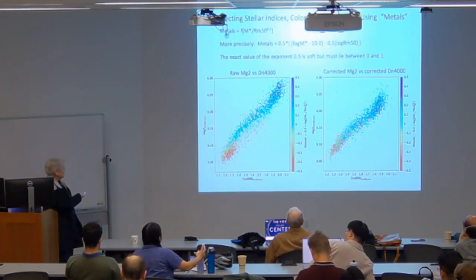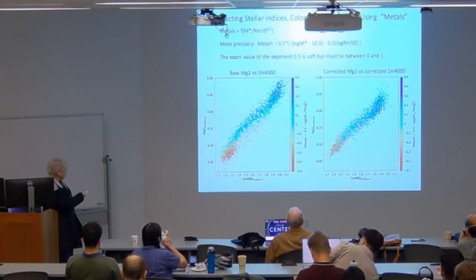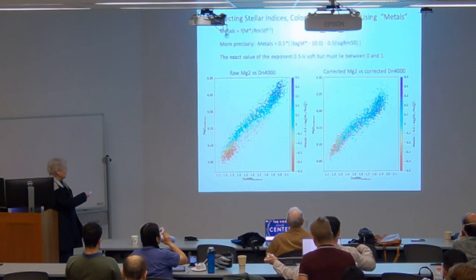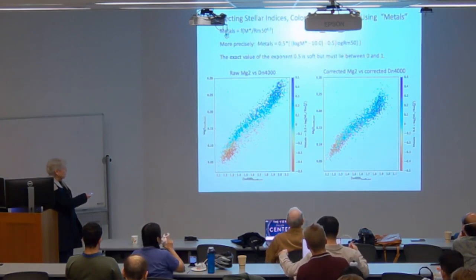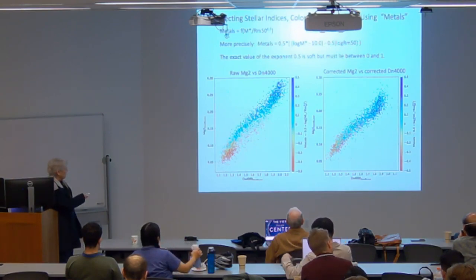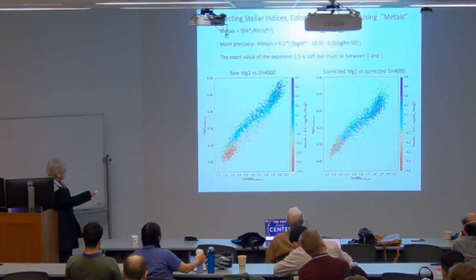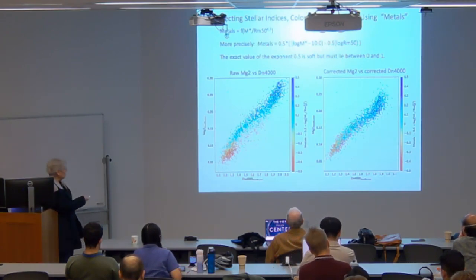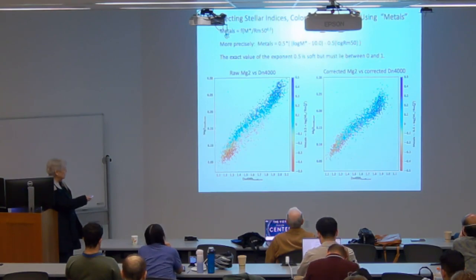The metals parameter is logarithmic, and it's basically the log of the mass minus half the log of the half-mass radius, Rm50. The value of this exponent, 0.5, is soft from our stellar work, but we know it must lie somewhere between 0 and 1. I'll come back to that.